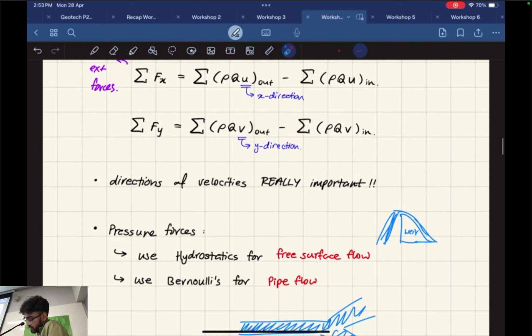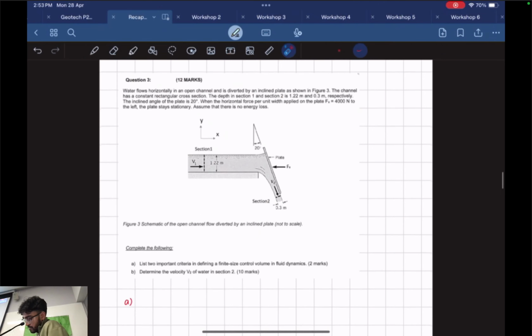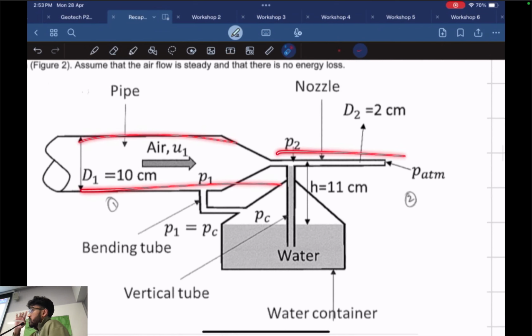So when it comes to forces, and we're talking about pressure forces specifically, we use hydrostatics when it's a free surface flow. I've already discussed that a lot previously, and also Bernoulli's when we're having a pipe flow. So in this question, let's say for example like this, we have a pipe flow, so we're going to have to use Bernoulli's equation to find our momentum and all that.